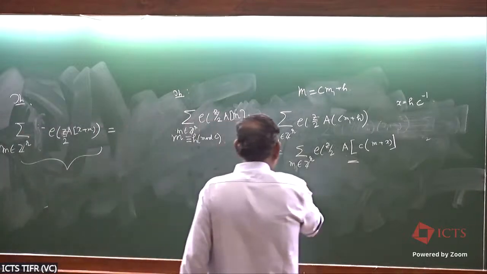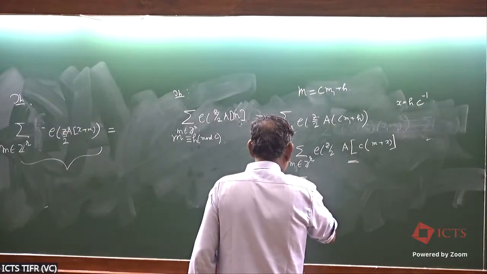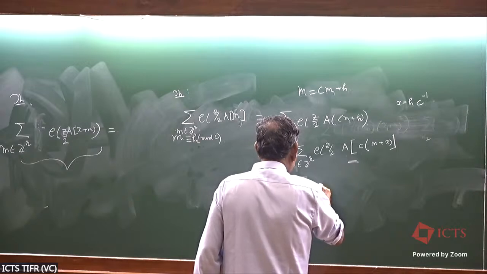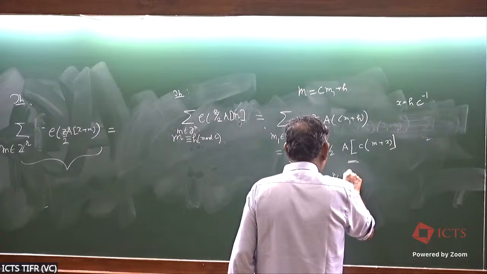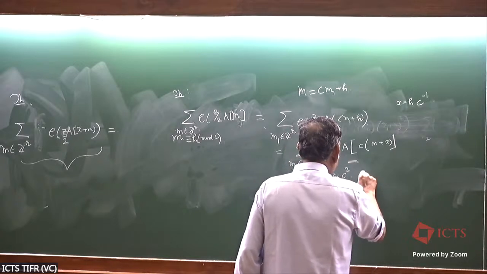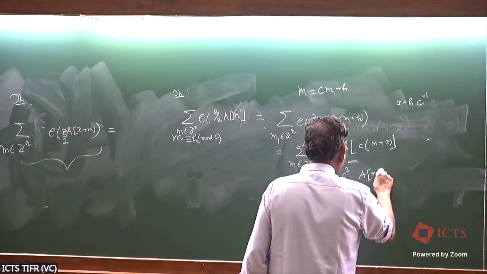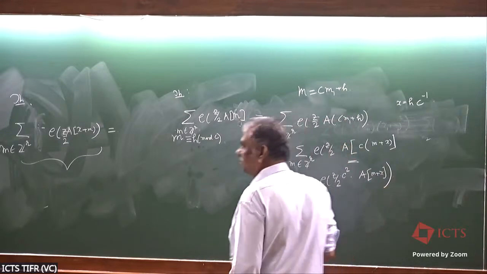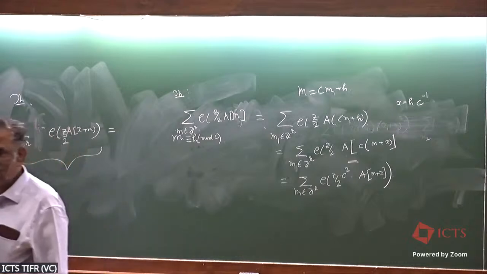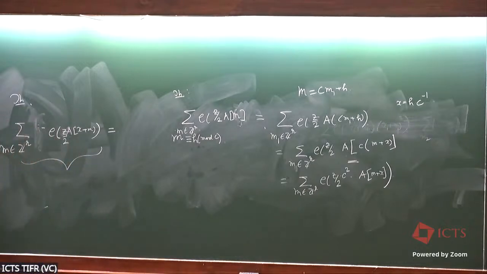Consequently, this is equal to the sum over m belongs to Z power r of e power z over 2, then you have a c square, and then a of m plus x. This is exactly the particular form which we started with, except that the z has been transformed to z times c square.